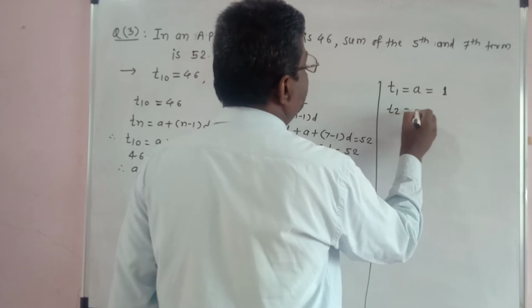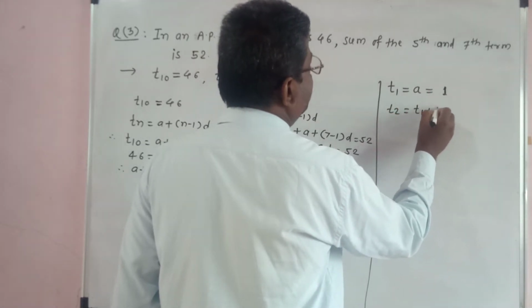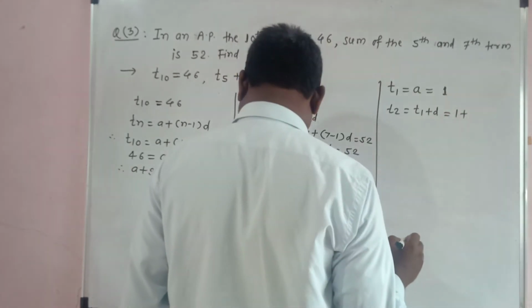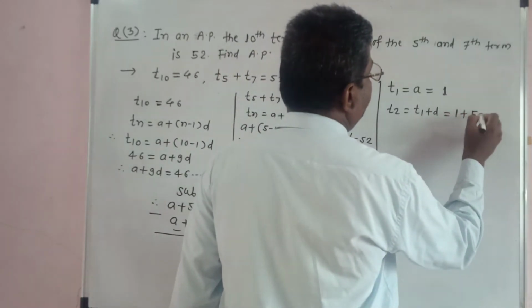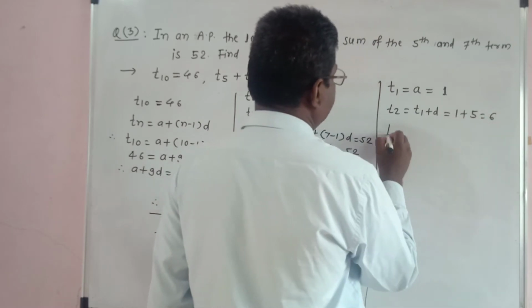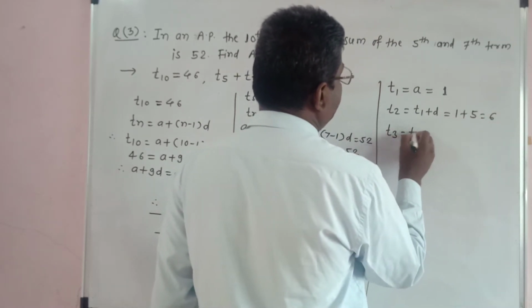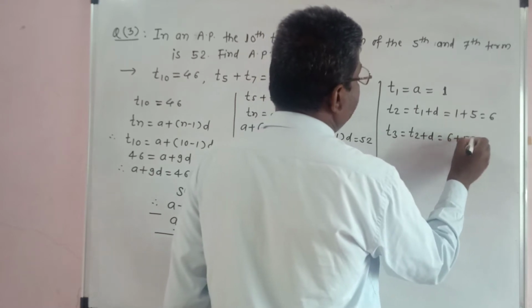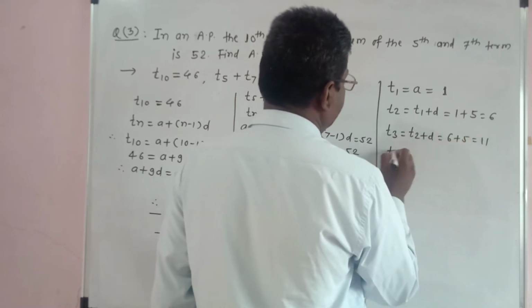T2 is equal to T1 plus D, and T1 is a 1 and D is equal to 5. Therefore T2 is equal to 6. T3 is equal to T2 plus D is equal to 6 plus 5 is equal to 11.